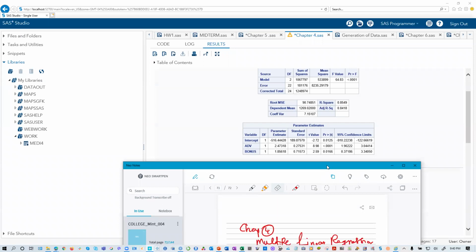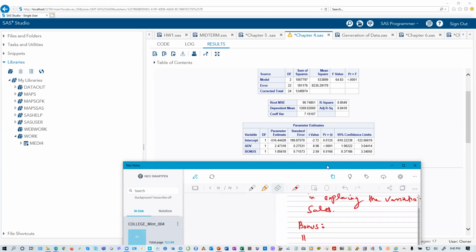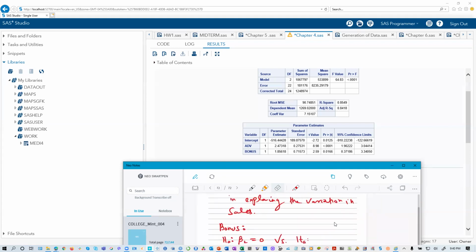Let's go to the bonus. Then do the same thing for the bonus, whether the bonus is playing a role. That means you set up this hypothesis, you write it, tell somebody. That's the proper way of doing it. You say beta 2 equals 0 versus its counterpart beta 2 not equal to 0. See here, the second one again.